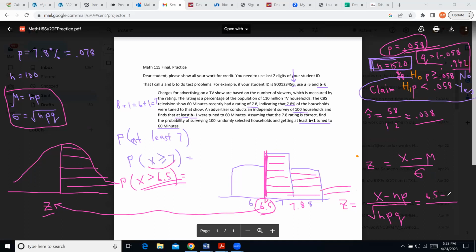Next is NP, and this N is 100, and P is 0.78, right? That's the only number they gave us. And then I also need its friend Q, so I'd be able to calculate my denominator.